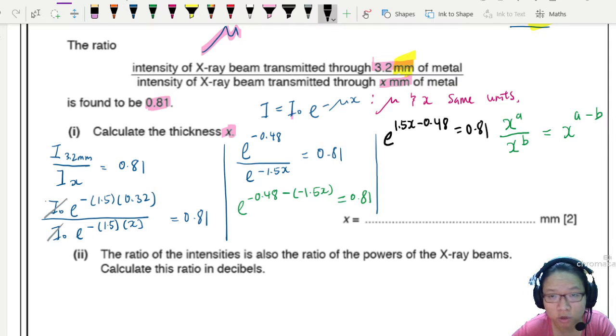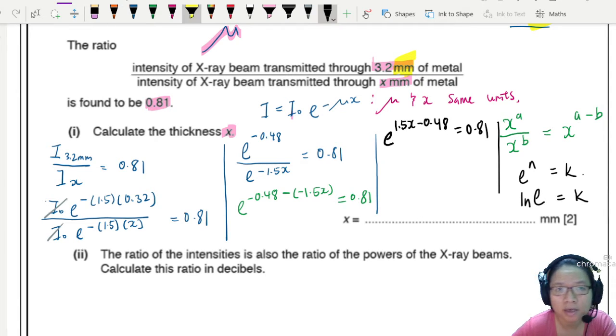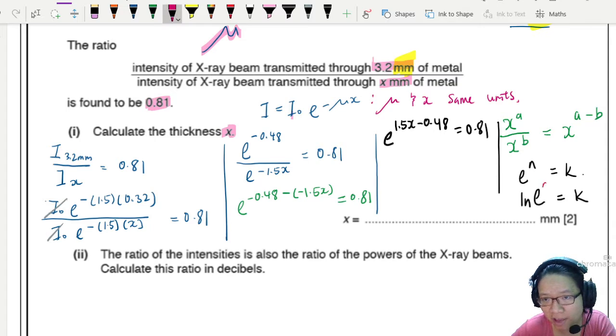So you can bring the exponent over. All right, the identity that I'm using, I'm just going to draw another line here to show you. Let's say you have e to the power of n is equal to a number k. What you will do is you will ln both sides. You will ln e to the power of n, this will be equal to ln k. And this n can bring down.